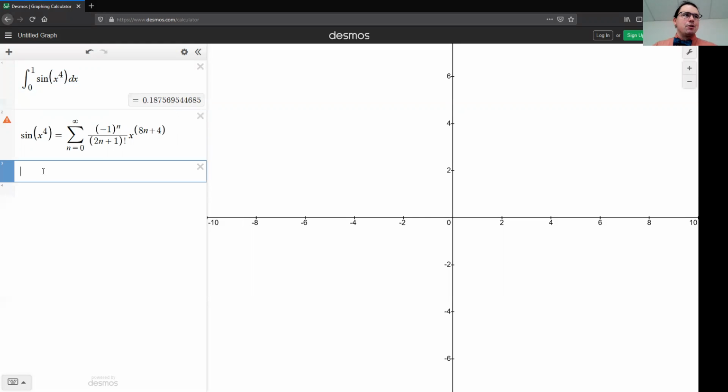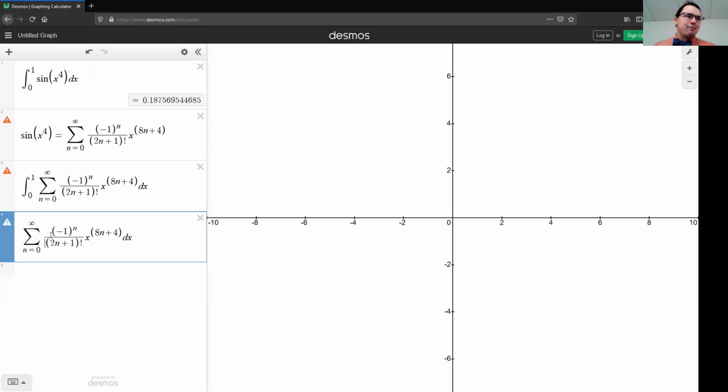So this integral should be equal to the integral of the sum. Again, Desmos doesn't like this very much because it's an infinite sum. But what I can do from this point, because this series converges to sine of x to the power 4, is switch the order of the integration and the sum, the integral sign and the capital sigma, like this.